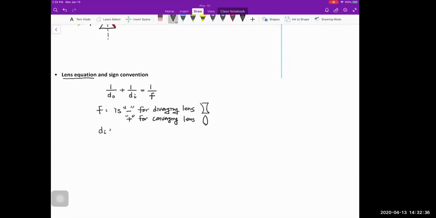Di is going to be positive if it's on the opposite side of the object.